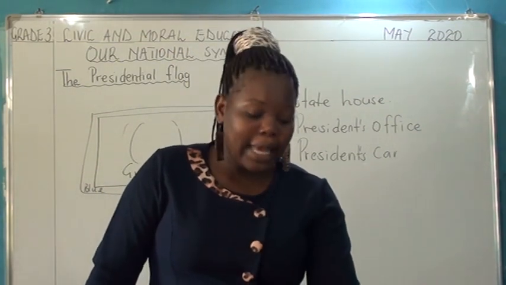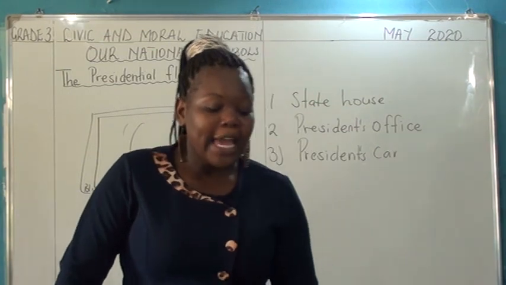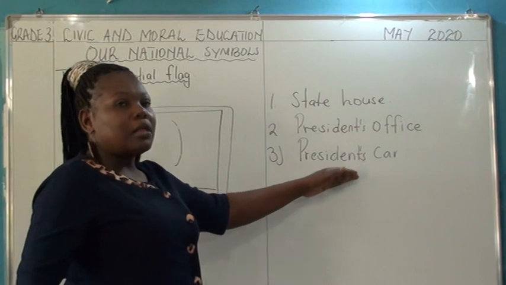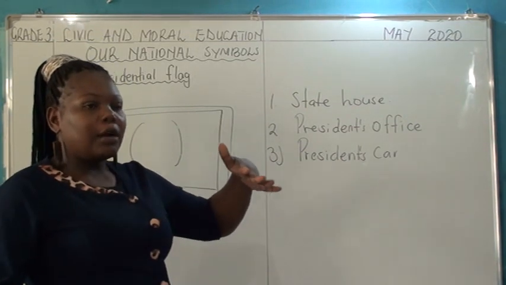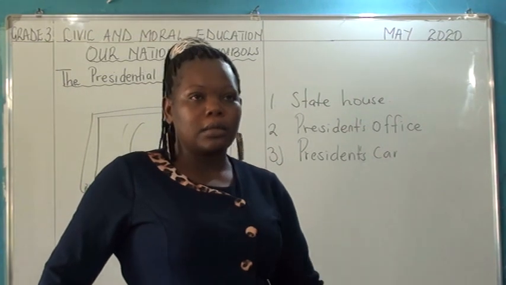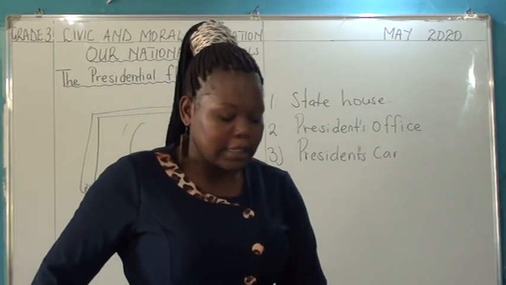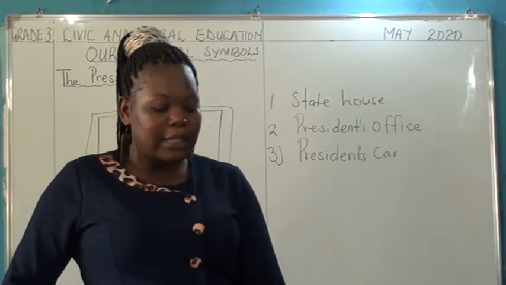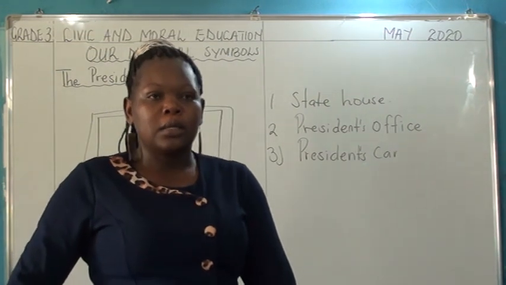Now, one, it is a symbol of the head of state of Tanzania. So the moment you see the flag of the president, you know the head of the state is being recognized at that time. And then it commands respect for the president and his office.